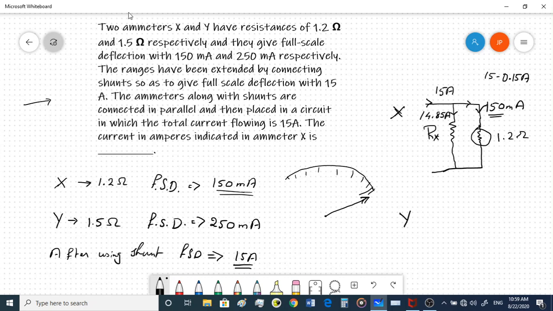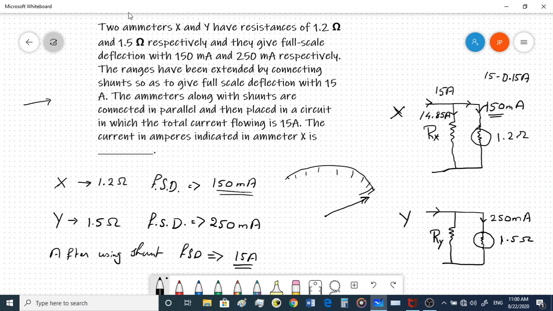the same concept applies. You have a meter which has an internal resistance, and then you connect a shunt resistance Ry, and the internal resistance is given as 1.5 ohms, with 250 milliamperes at full scale deflection, which is 0.25 amperes.